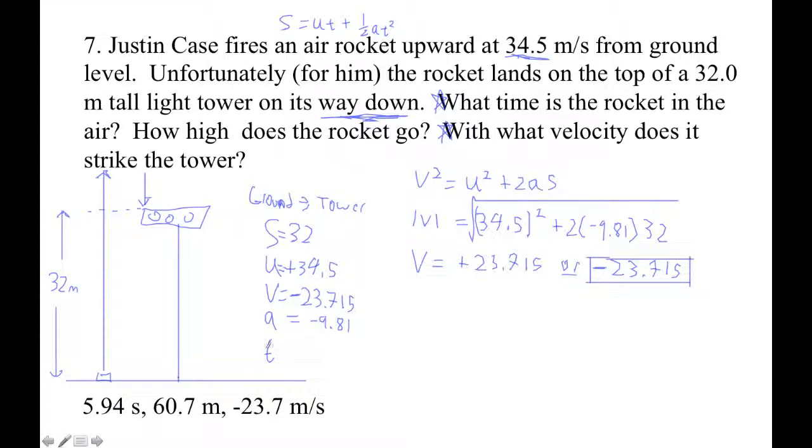Okay. Now we want to find the time, since we've been so thoughtful about this, right? We know it's going down, right? We want to actually use just V equals U plus A T, right? We'll just plug this in. Negative 23.715. Sorry, my pen's just being really slow here.